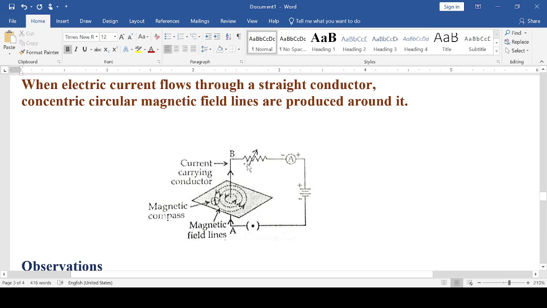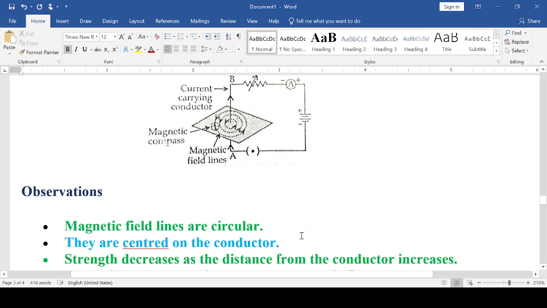At a particular point we place the magnetic compass with the circuit closed, and this wire is your current carrying conductor. Here you can see the magnetic field lines are produced in the form of concentric circles. So what do you observe here?